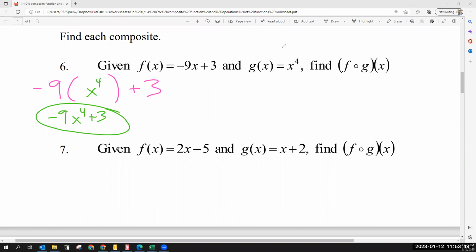That's wrong. Can't square like that. Oh wait, you gotta square the x. So what you gotta put is x squared. So you did 2 times 3, right? Which is 6.